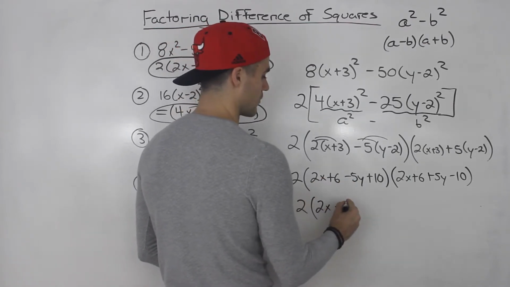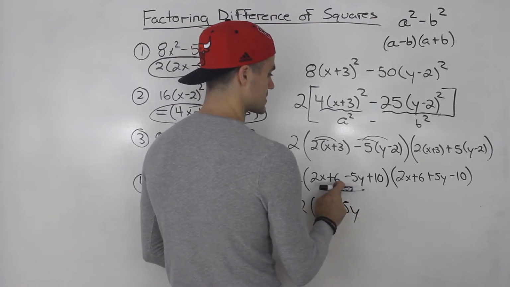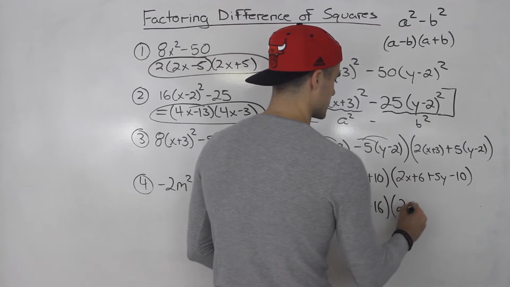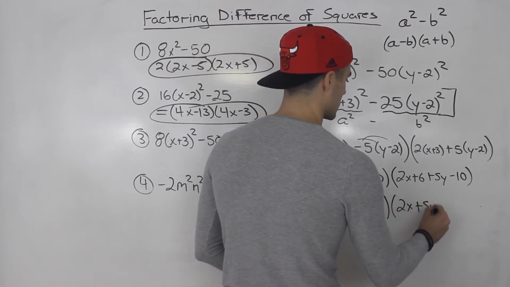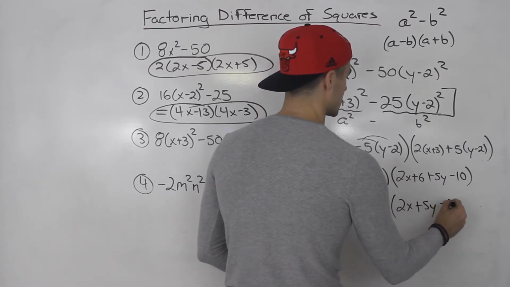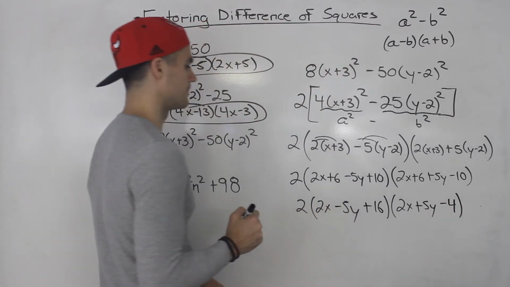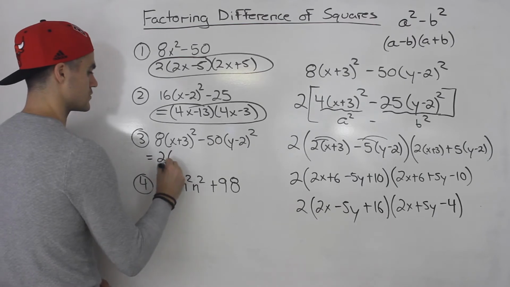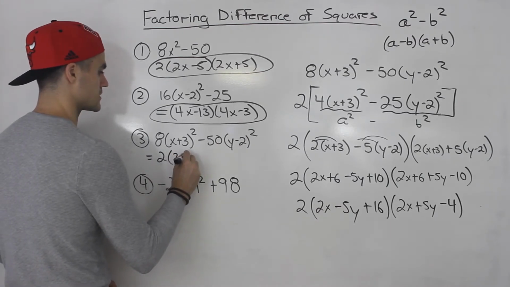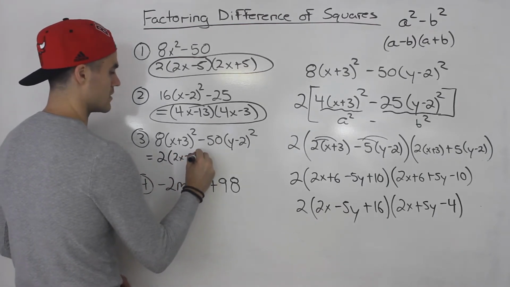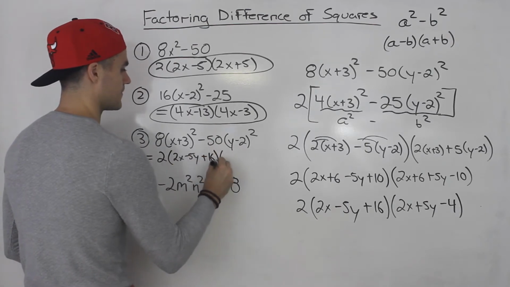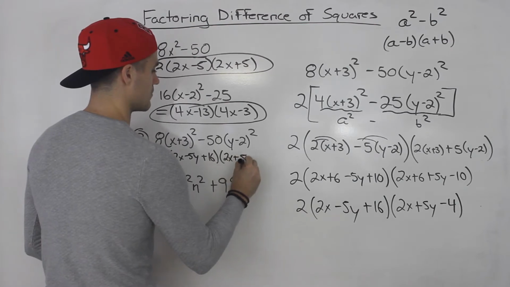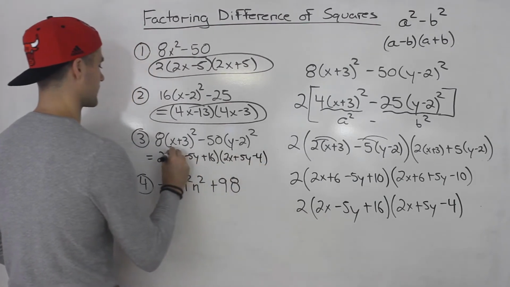We got minus 5y. And then plus 6 plus 10 gives us plus 16. And then this is 2x plus 5y plus 6 minus 10 gives us minus 4. So that is the final answer for number 3. 2 bracket 2x minus 5y plus 16, 2x plus 5y minus 4.